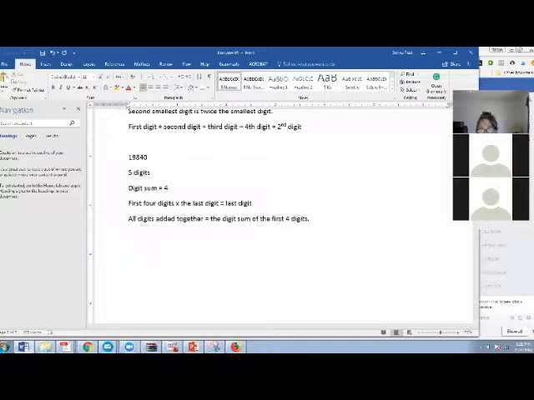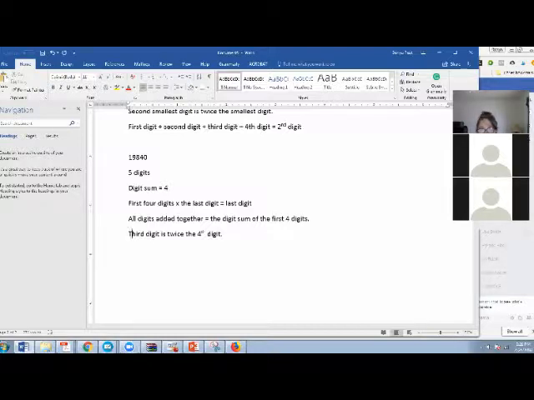The third digit equals the last digit times 2. Or 2 of the last digit, or the third digit equals the fourth digit plus the fourth digit. Is that good?